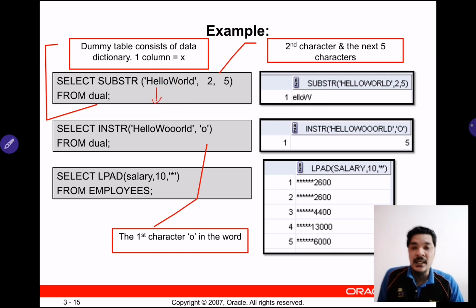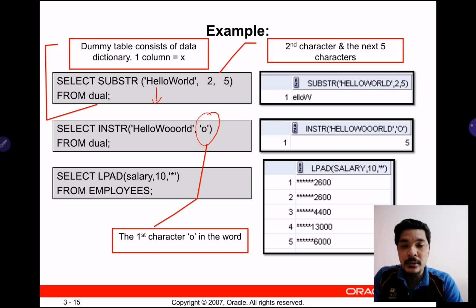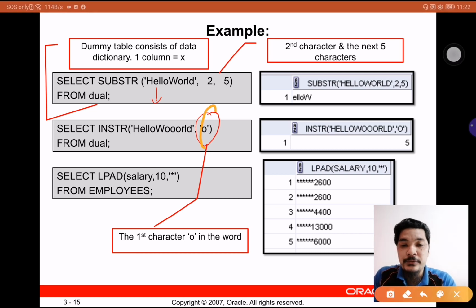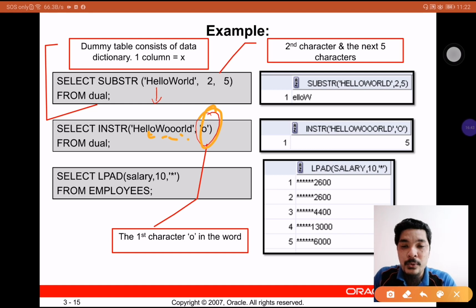Select INSTR 'Hello World'. Okay, so they want to find the numeric position of the character O. In this example, we can see there are a lot of O's here. So which one do we consider?